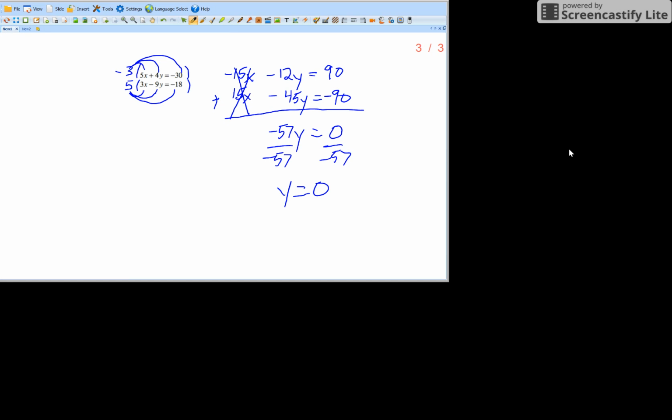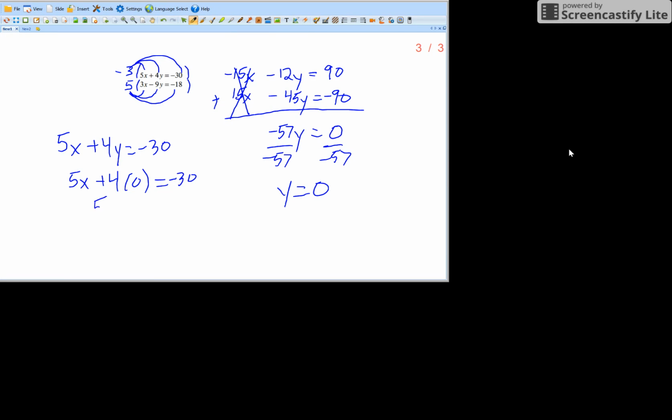Now once again, we have to make sure that we solve for both x and y. So we take either of the equations. Again, we'll take the top equation, 5x plus 4y equals negative 30, and we will solve for x. Take our value of y equal to 0 and substitute that back in for y. So we'll have 5x plus 4 times 0 equals negative 30.